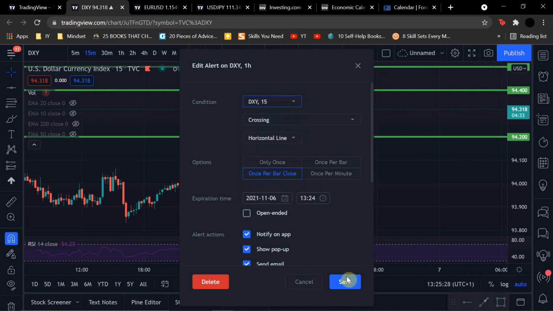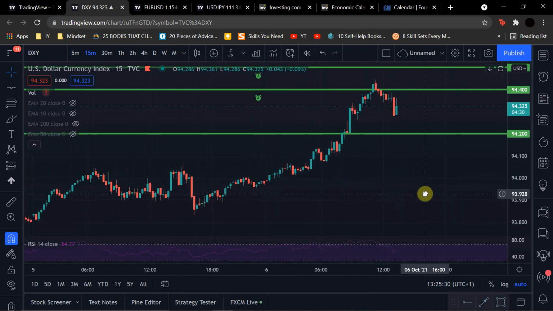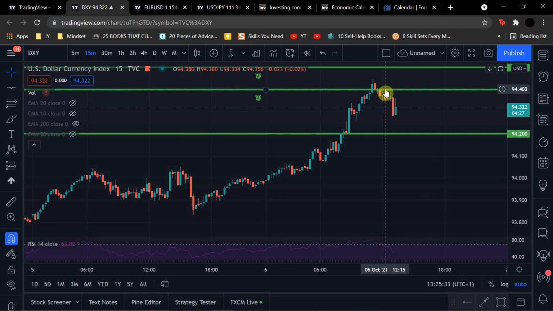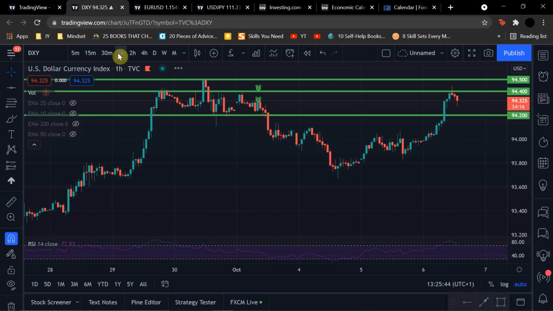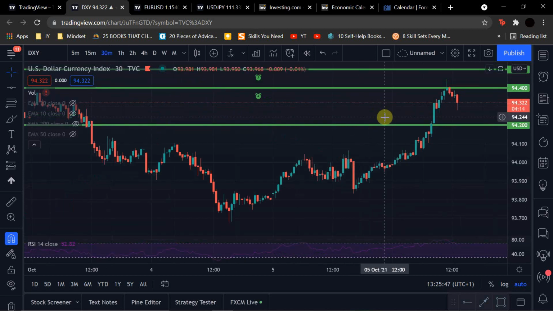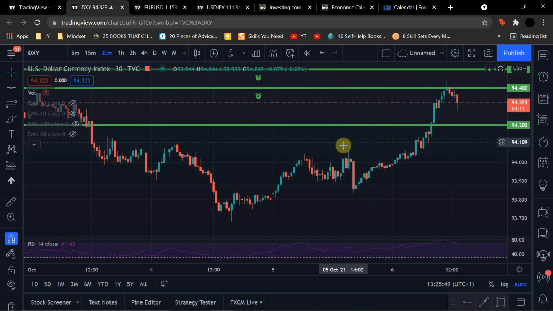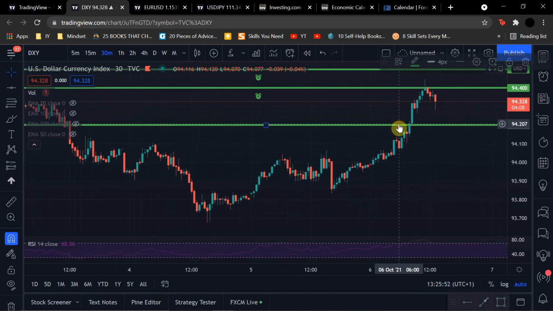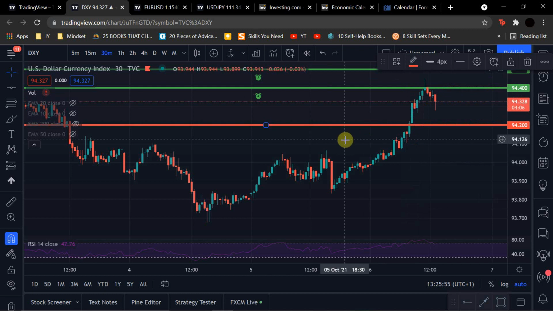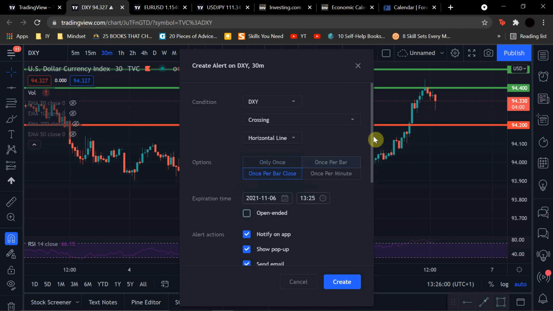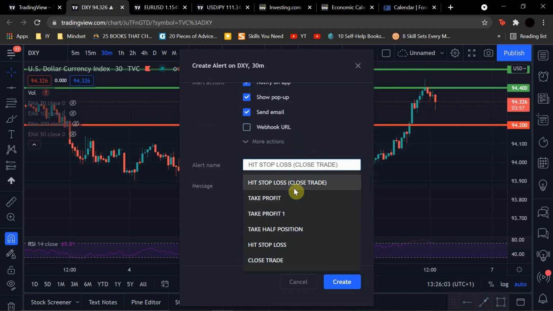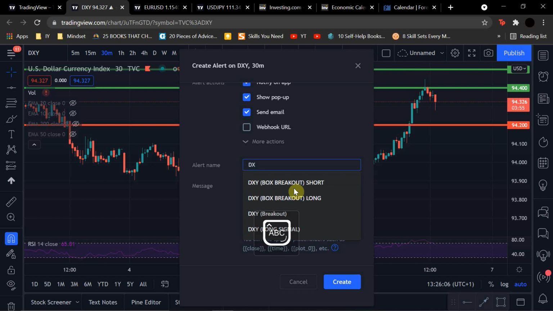So I want to see a 50-minute bar close. This one I want to see the hour. This one I want to see consolidating between these two areas. What's 94? DXY sell signal.